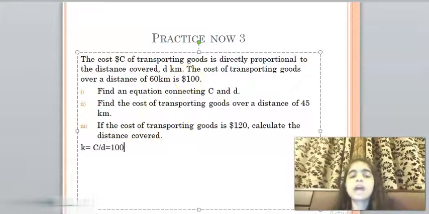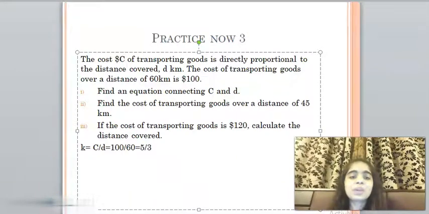So this will be 100 upon, and the D value over here is 60. So this will be 100 upon 60. Now 100 upon 60, if we simplify this, will be 5 upon 3. So we have our K value now. Our K value is 5 upon 3.